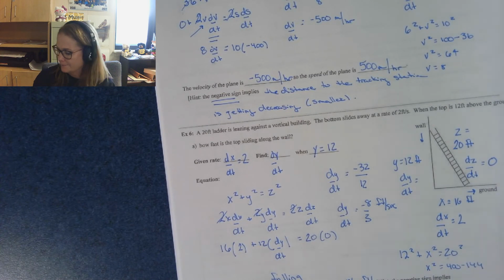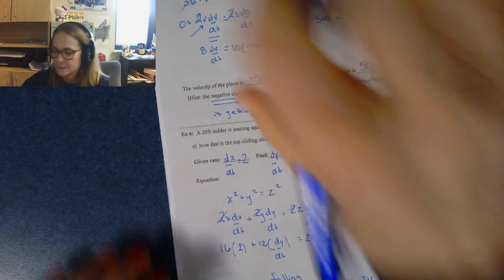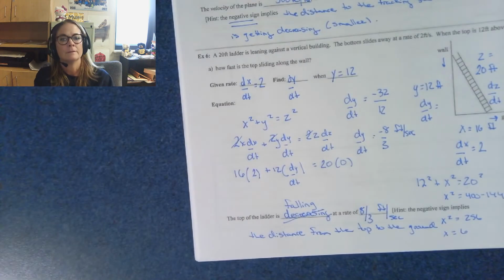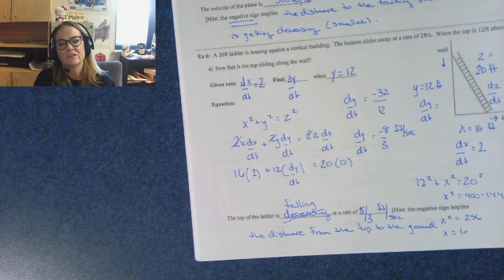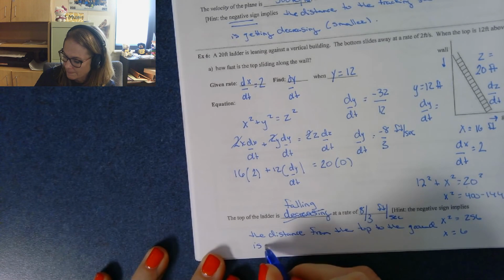And the negative sign implies the distance from the top to the ground is getting smaller.